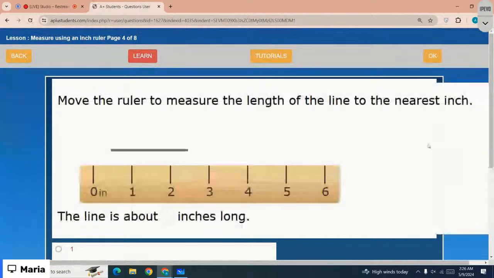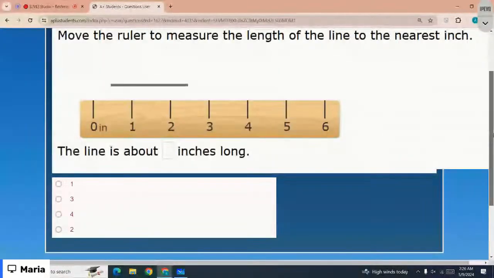Move the ruler to measure the length of the line to the nearest inch, so which is the correct option? Yes, 2 inches long it is.